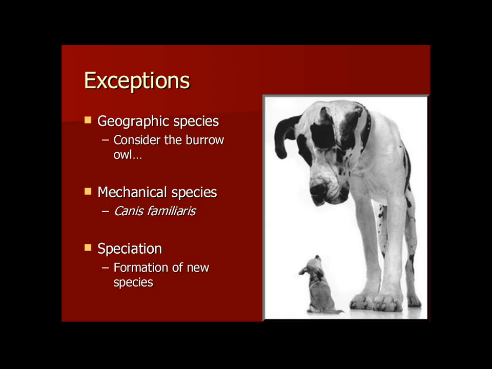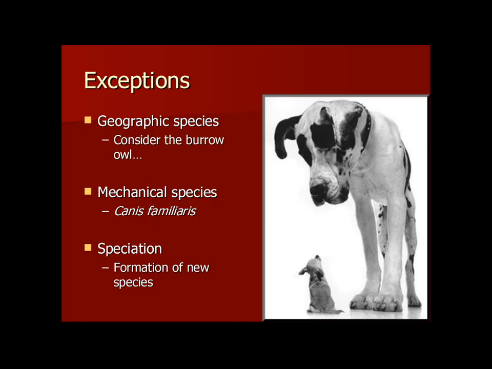But they're considered to be mechanical species because they're just too physically different to actually breed between the two. Great Dane or Chihuahua, physically it doesn't work. They can't breed with one another, even though biologically it's possible. Right? So that would be a circumstance in which there's mechanical isolation, and we call the populations that are experiencing that mechanical species. They're still members of the same species, Canis familiaris or Canis lupus familiaris, depending on which notation you use.